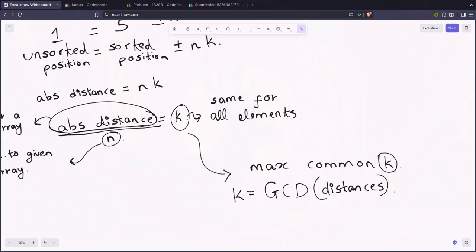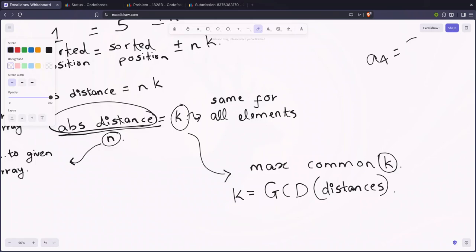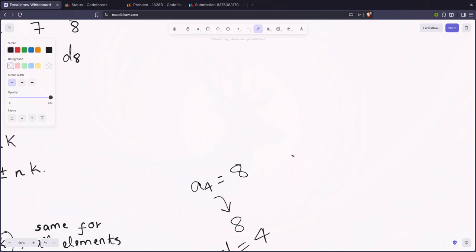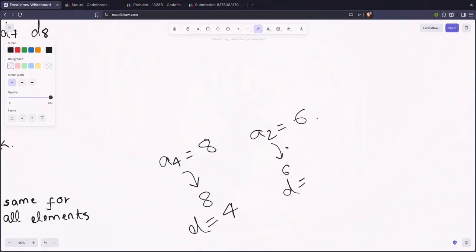Because let's say element a4, which is 8, should be at position 8, but it is at position 4, so the distance in this case is 4. Let's say an element a2 is 6, so after sorting this element should be at position 6, right? So the distance for this is 4 again.